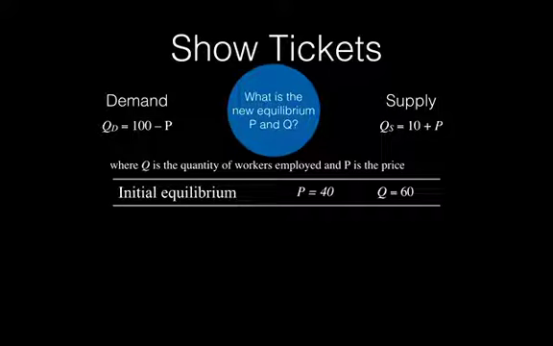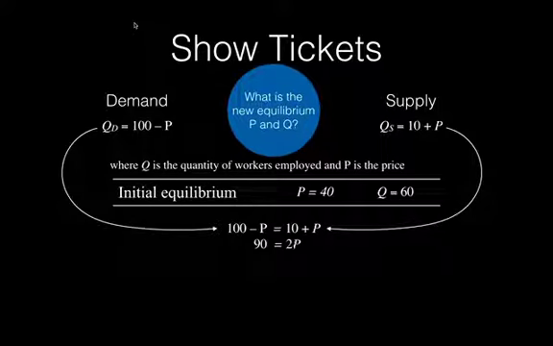So we go through the same process. We set demand and supply equal to one another, which gives us 100 minus P equals 10 plus P. So we add P to both sides and subtract 10 from both sides, which gives us 90 equals 2P. And dividing by 2 gives us an equilibrium price of 45. We place that equilibrium price back into the demand and the supply curves.